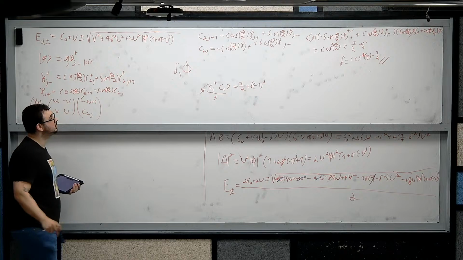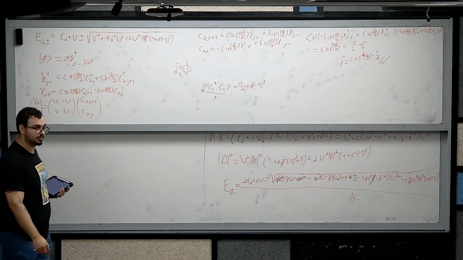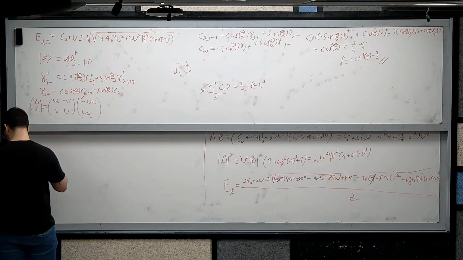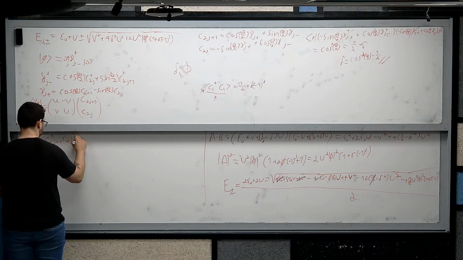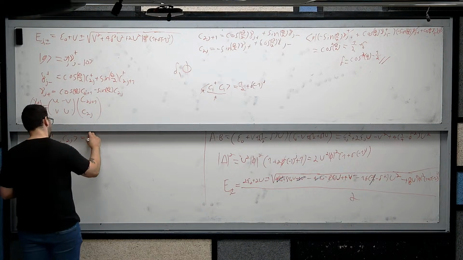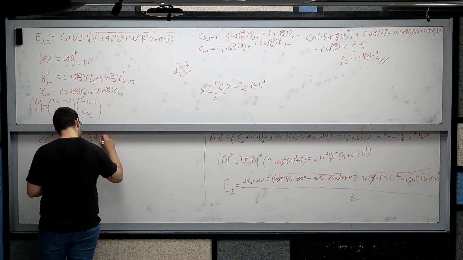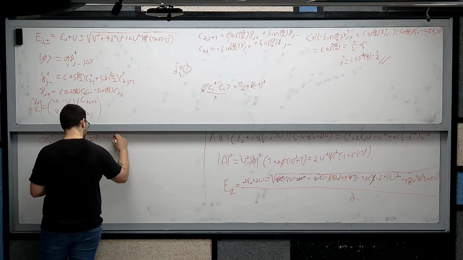So phi, we can find exactly the same just using the second given equation. The second given equation is C 2j plus 1 dagger C 2j equals 1/2 sine.